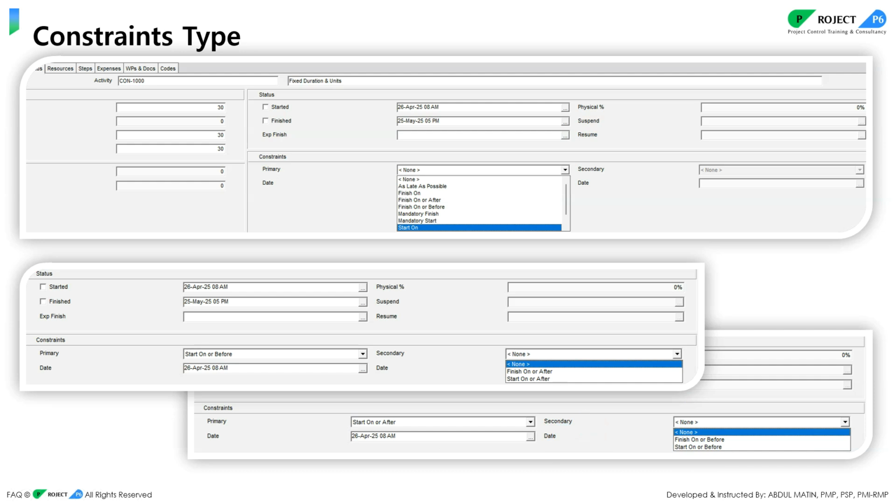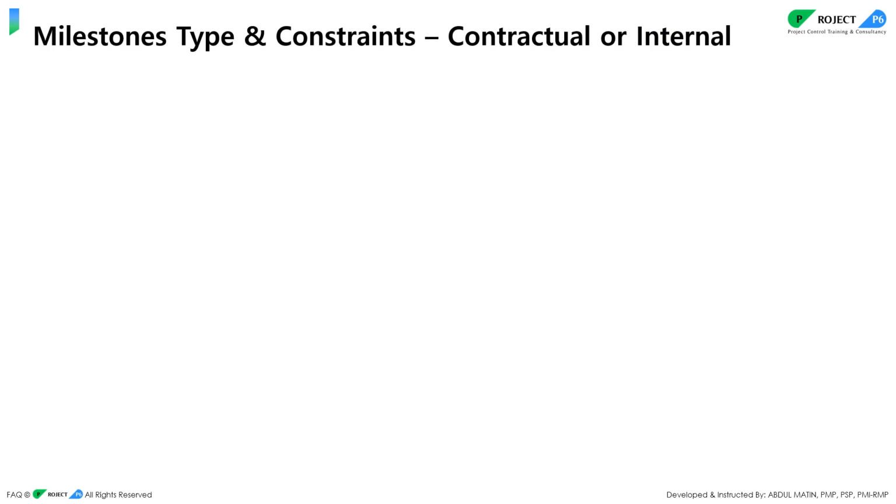So these are the constraints that you can set, but the question is where you can set the constraint. What are the uses of this constraint? So now we'll try to understand the milestone types and constraints, contractual or internal, because there are some contracts.